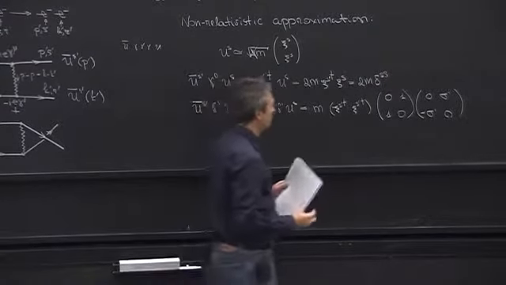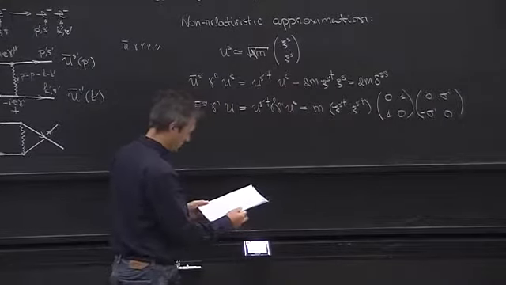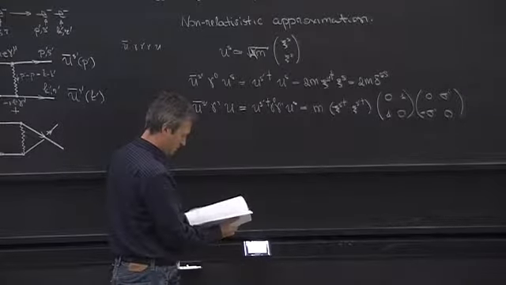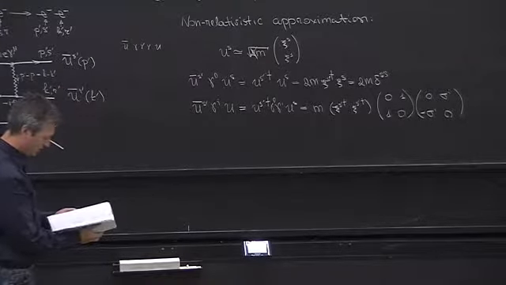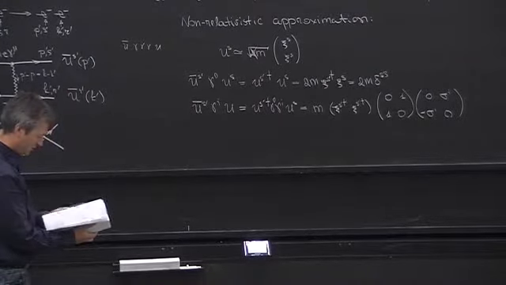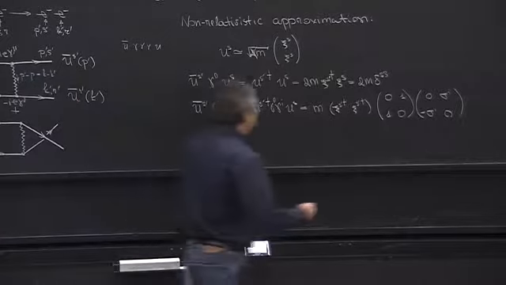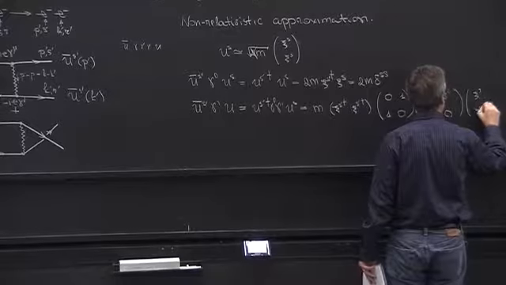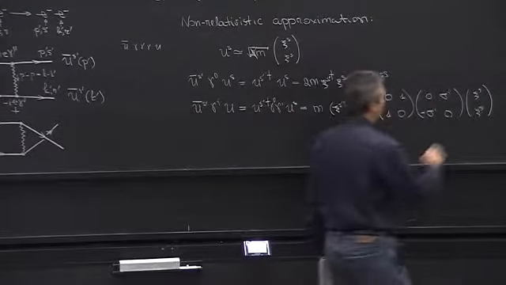I think the sign convention was like that, or maybe it was opposite. Yeah, it was like that. And then we need to multiply by ξ_s. Okay, so now my claim is that this is 0.